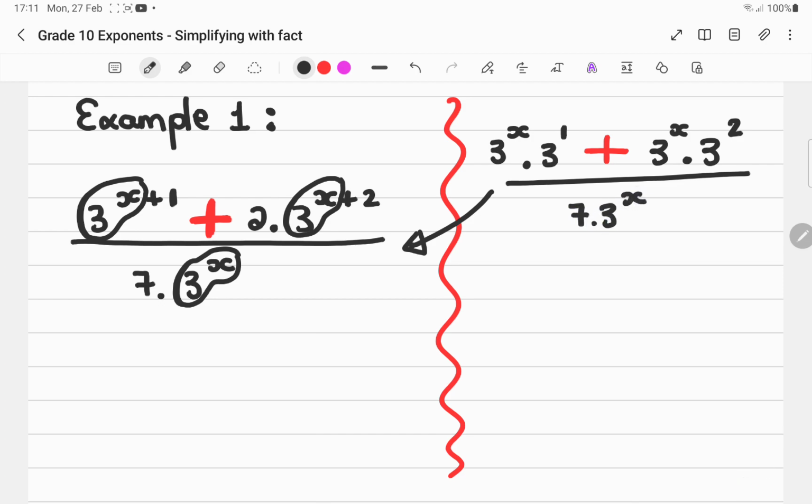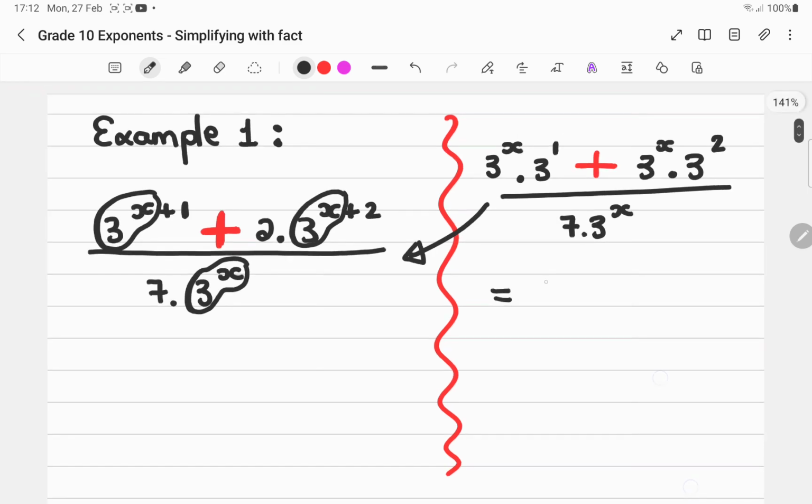Now at the top, I cannot just divide out those 3 to the power x's because I've got two terms at the top. I want to make it one term. How do I do that? With factorization. I take out a 3 to the power x from both terms, and what is left is 3 to the power 1 plus 3 to the power 2.